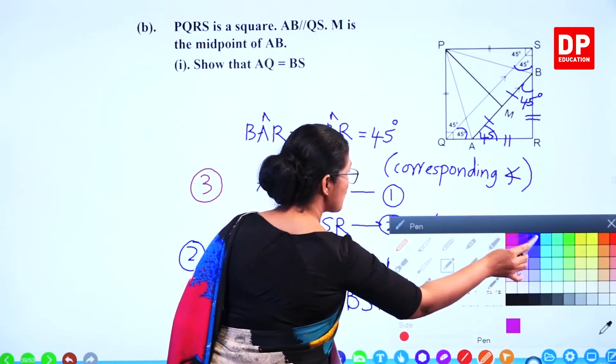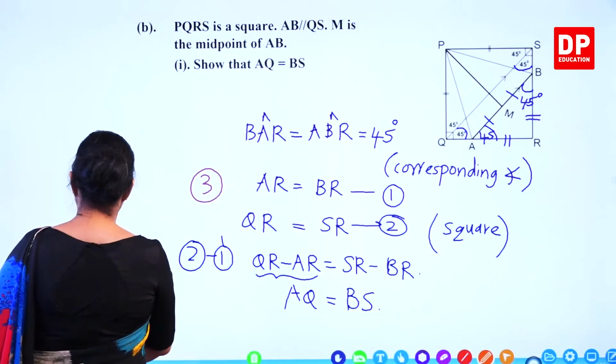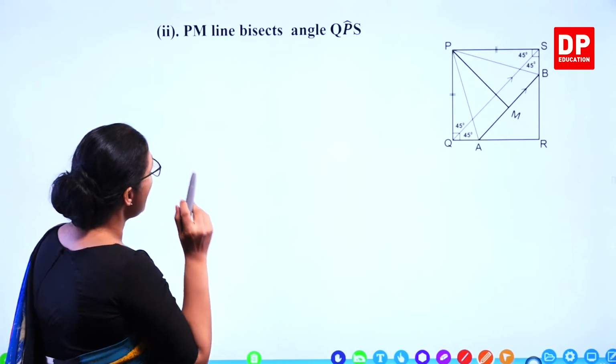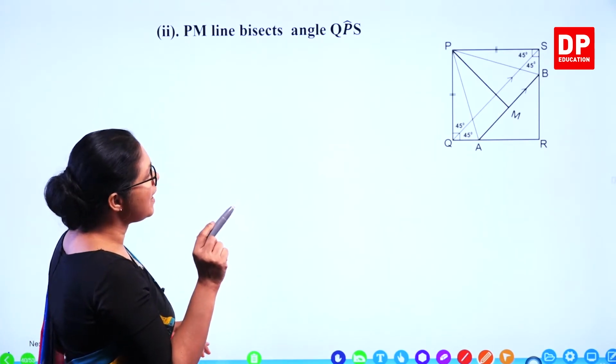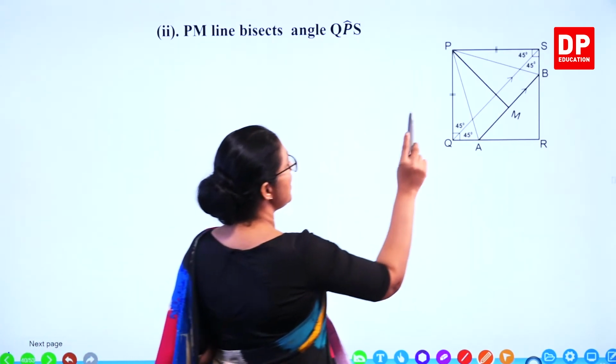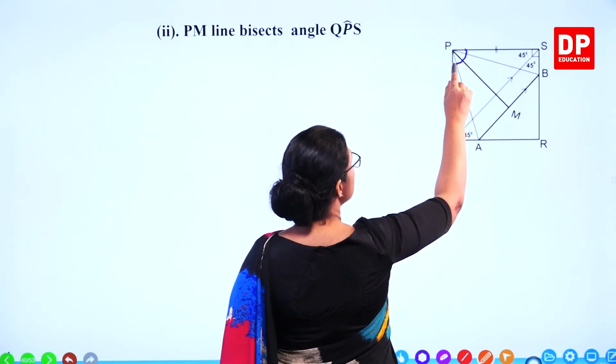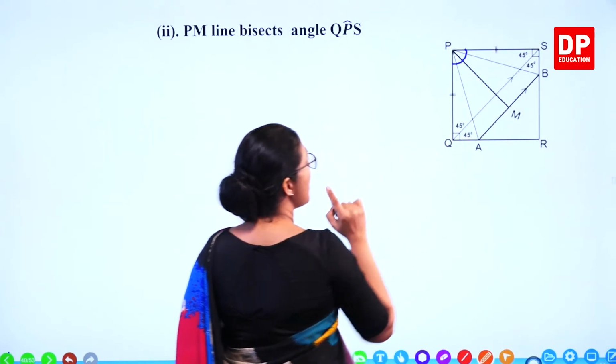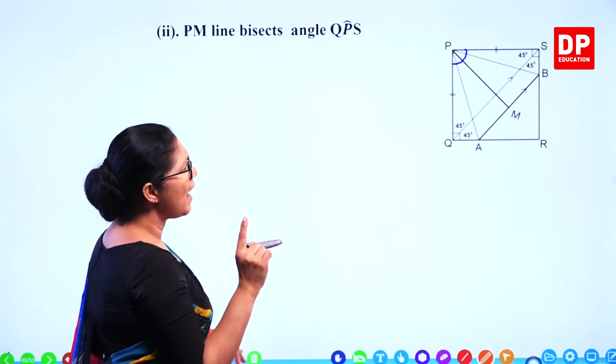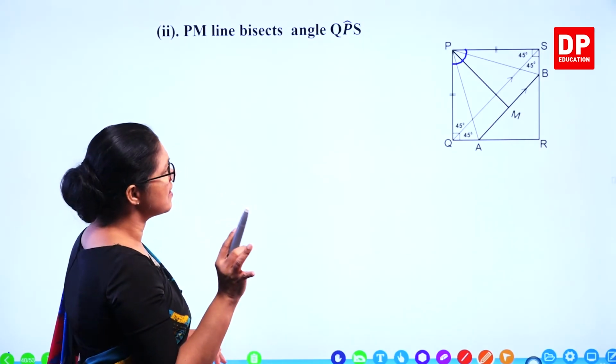Now let's see the next one. PM line bisects angle QPS. We have to show that this angle is equal to this angle, bisect. So before that, we need to show certain things.